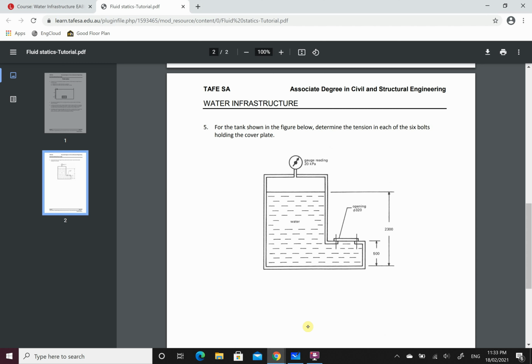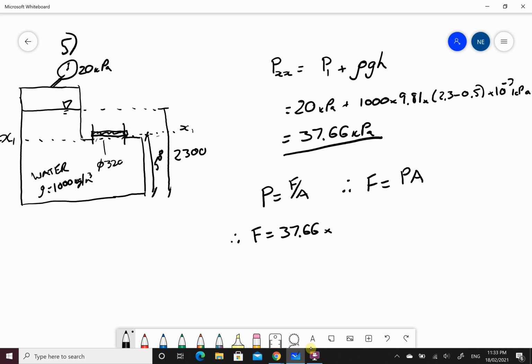I think that's what they call it, a gate, didn't they? Cover plate, sorry. The area of the cover plate, which is pi, because we're given it as a diameter, pi d squared on 4, 0.32 squared all over 4. This here is going to give us 3028.6 newtons, times 10 to the 3 to get into newtons.